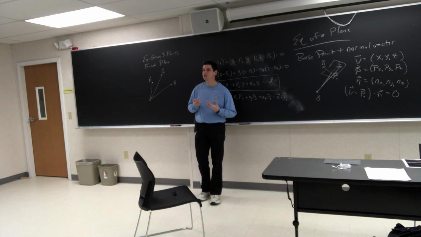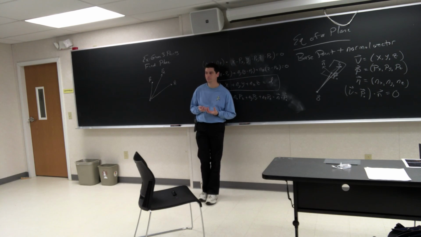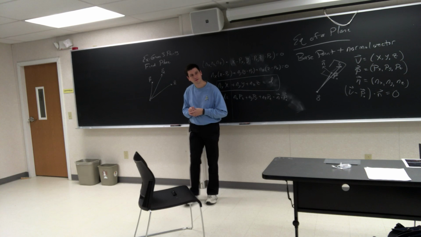So what 2 inputs do I need if I'm going to find the equation of a plane? Yes? I need a base point. We have 3 natural candidates for the base point, P, Q, and R. And I need a normal direction. Any thoughts as to how I could get the normal direction? Can we find a vector perpendicular to PQ and PR?